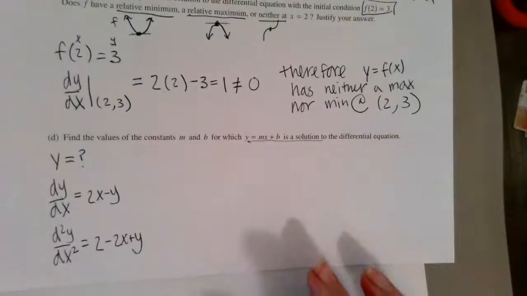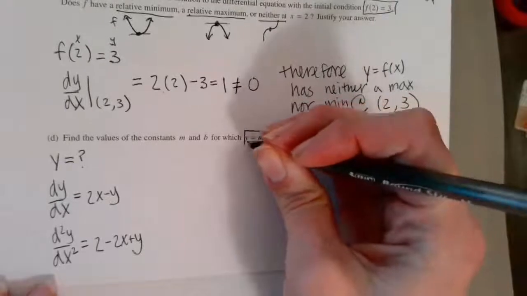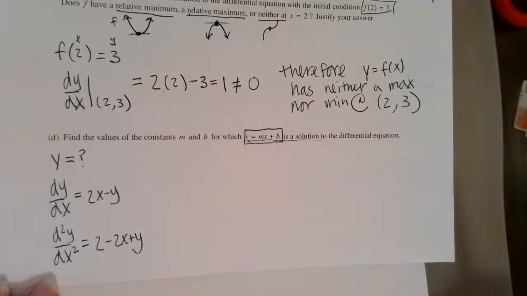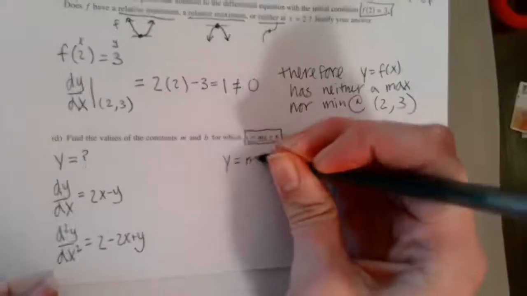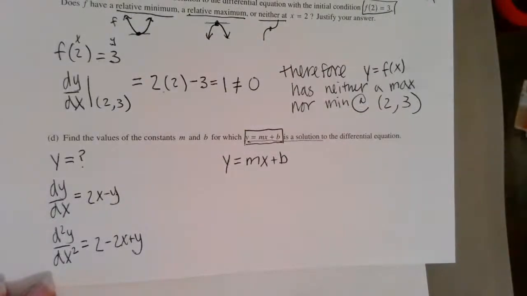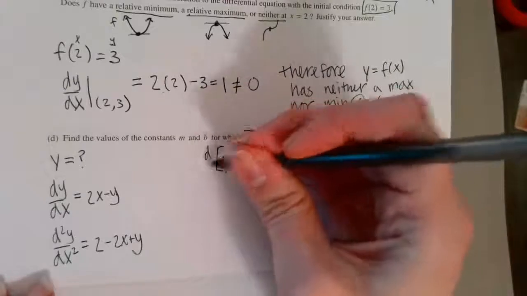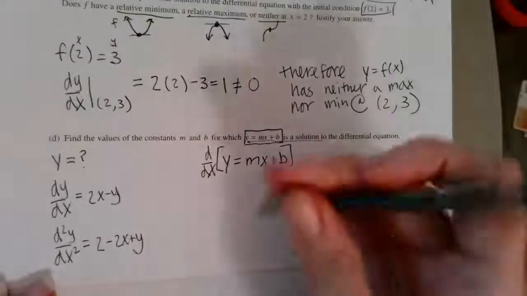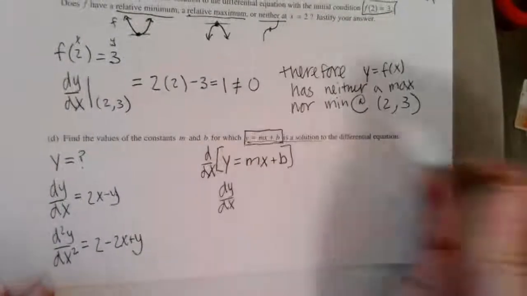So what I'm going to do here is take the information presented in the question and try to manipulate it to be more like the information that I know. So I'm going to start with y equals mx plus b, and I'm going to try to get to dy dx. I'll do that by taking a derivative. So, derivative of y is dy dx.